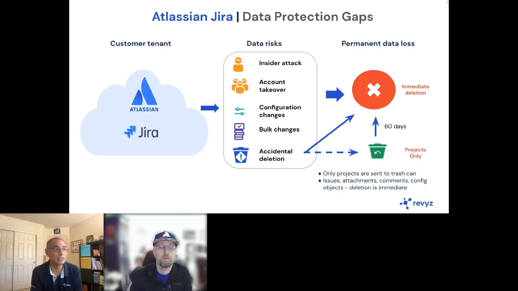There have also been cases where configuration changes cause loss of data which already exists in the system. And then the other two, which you have talked about, account takeovers and insider attacks. Those are again vectors from which your data loss could be instantaneous.